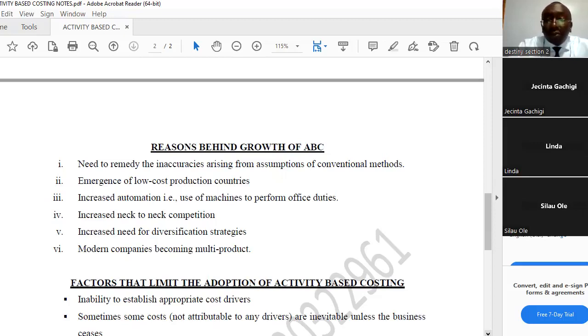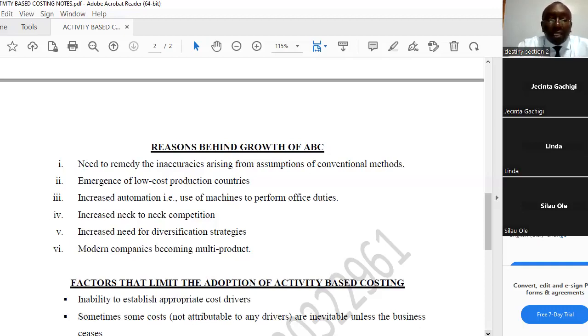But that is not always true. There are some costs you may not be able to tell where they belong. There are some costs that can be classified in different ways. The other day we looked at cost classification, and we said that one cost can be classified differently. So when we start talking of different classifications, then we are suggesting the presence of an error. So the conventional methods, which are absorption costing and marginal costing, had errors. But ABC comes in to improve on that.